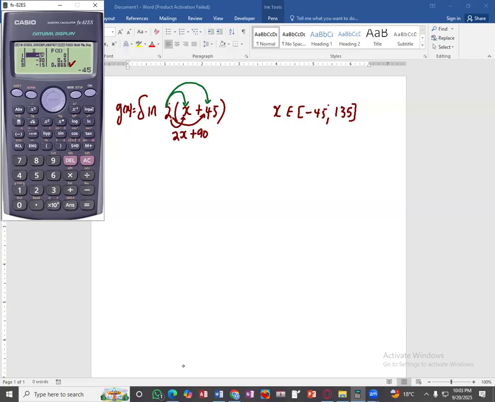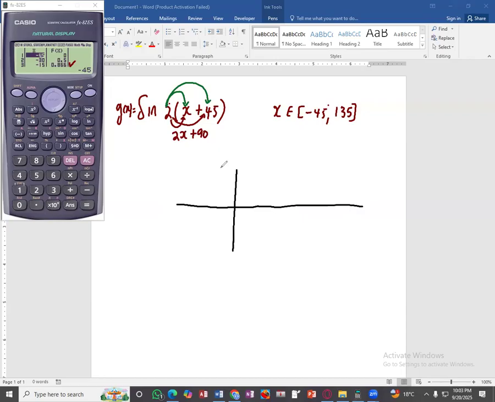Now, let me draw my y-axis and my x-axis. Okay, now watch out. Negative 45 and 0, I really need it. This is my x-intercept. How do I know that is my x-intercept?